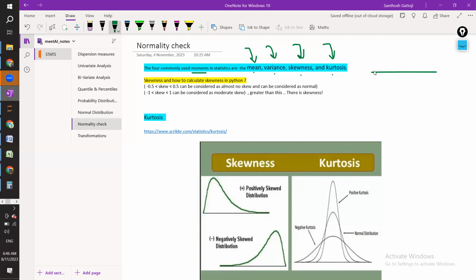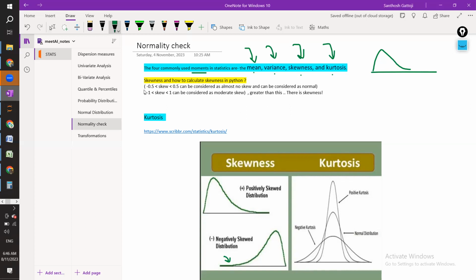As already shown, over here this is positively skewed because on the positive, right side, we have the long tail. And this is a negative skew.